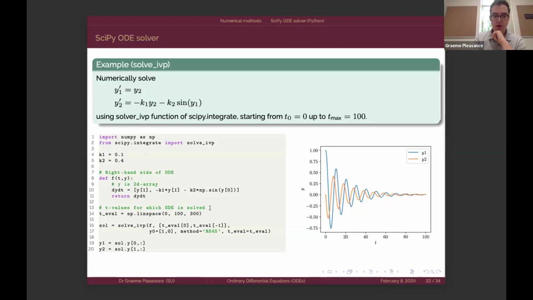Okay, and again, we just specify the time values that we want our solver to obtain the corresponding y values for. Here I just selected 300 t values between 0 and 100. And we then call the function in the same way.